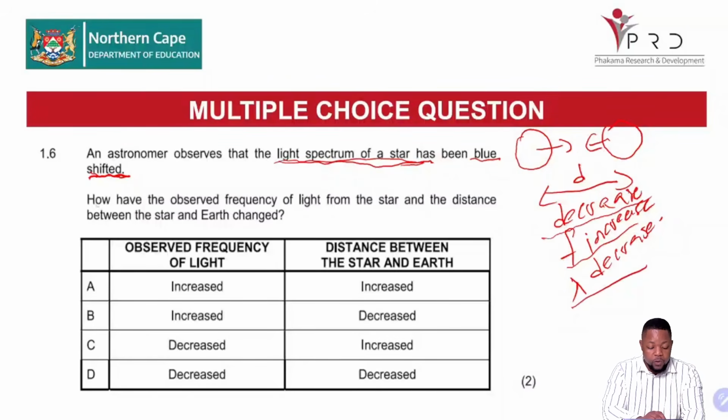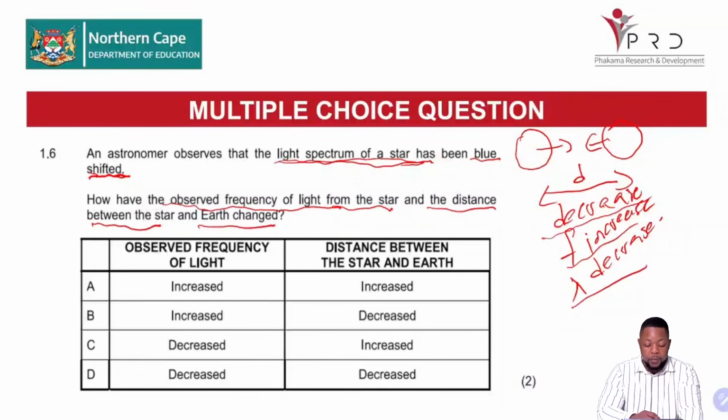Now, let's look at the question. How have the observed frequency of light from the star and the distance between the star and the Earth changed? Now we look at the options. The first option says the frequency increased. Yes, we agree with that. And then it also says the distance increased. We disagree with that.